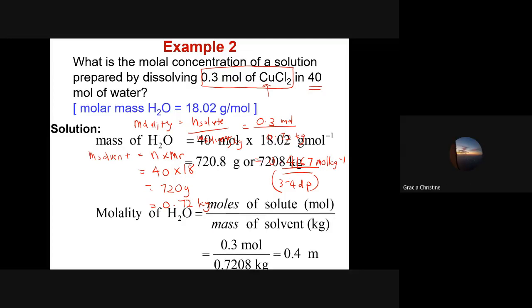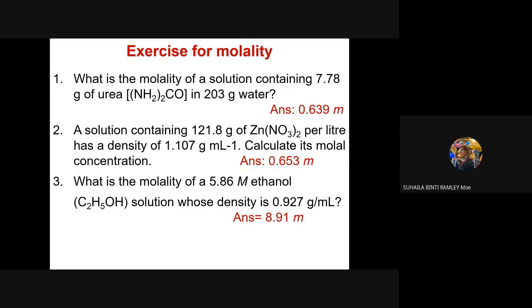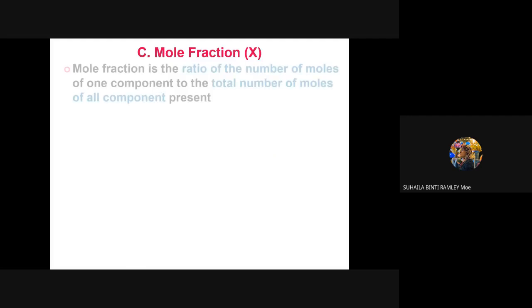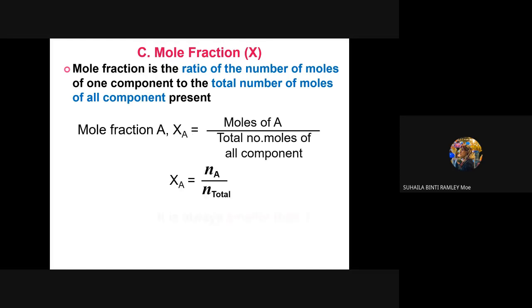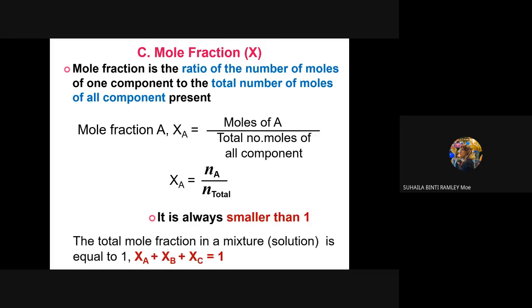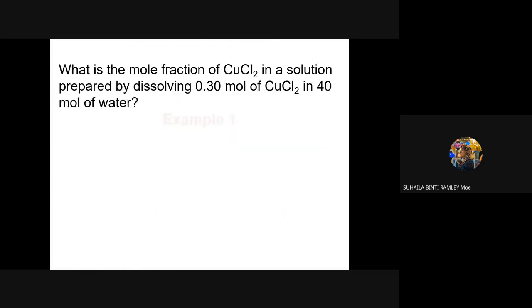Okay, 3 exercises for molality. We proceed to mole fraction. We defined this earlier: mole of the component over total mole of all components present. So the total of mole fractions will be equal to 1.